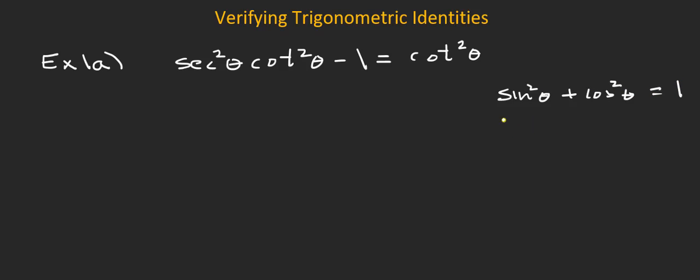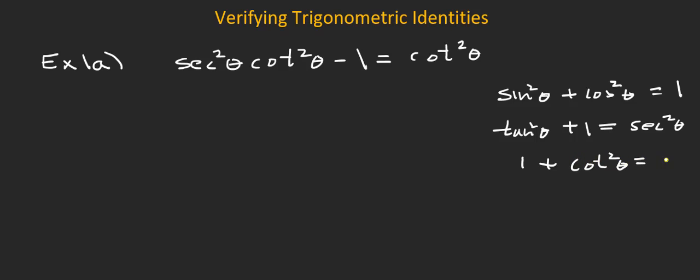And from that, we proved that tangent squared theta plus 1 is secant squared theta. And also 1 plus cotangent squared theta is cosecant squared theta. Okay? So let's take a look at this.